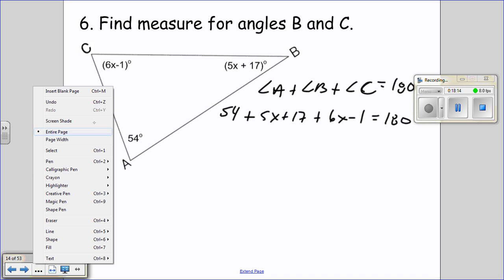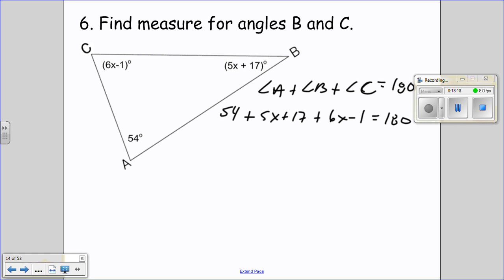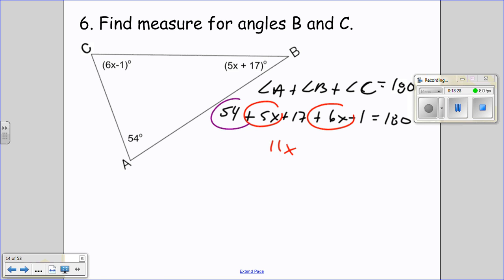So let's combine all of our like terms first. I'll do the x's first. So I have 5x and 6x, would make 11x. 54 plus 17 is 71. Minus 1 is 70. So positive 70.